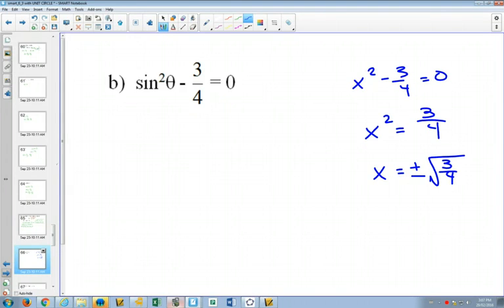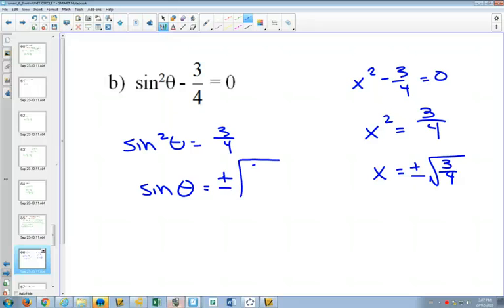So we're going to do the same thing here. We're going to get sine squared by itself. We're going to square root both sides, which will just give us sine theta. We'll remember the plus or minus. How do you simplify square root of 3 over 4? That's the same as the square root of 3 over the square root of 4. But instead of writing square root of 4 on the bottom, it's just 2. Is that value on your pie plate?